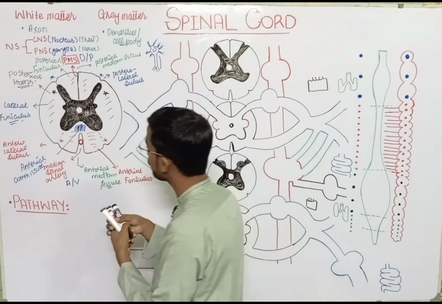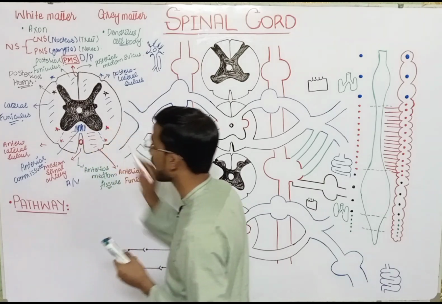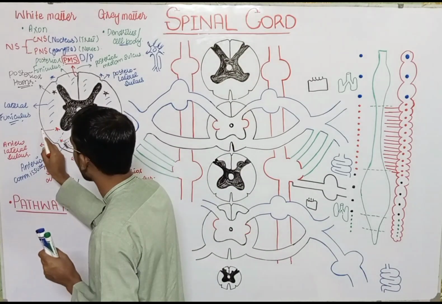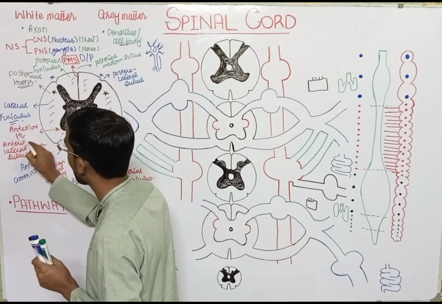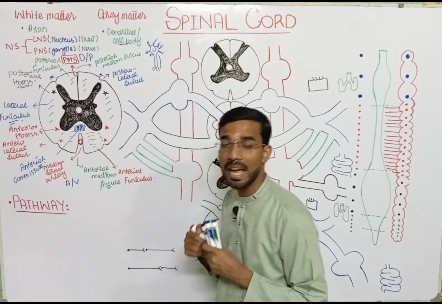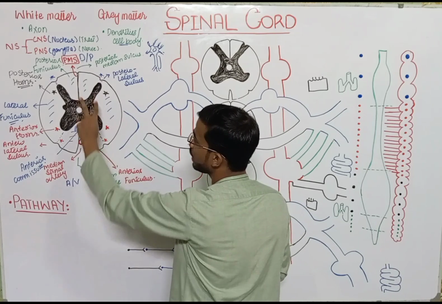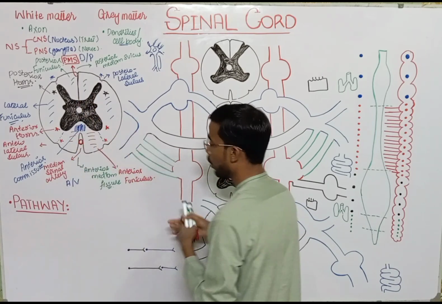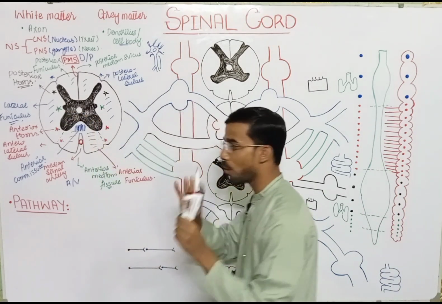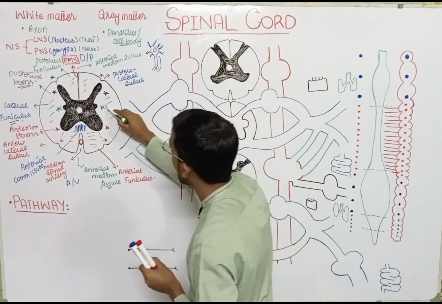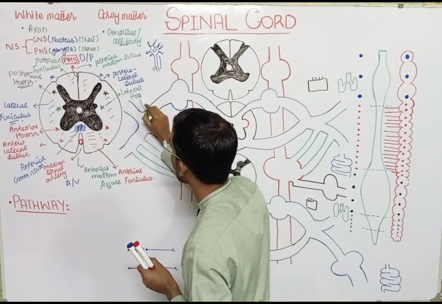At the anterior side, you also see two horn-like structures, called the anterior horns, or anterior columns. So two posterior, two anterior, and last, the two lateral. This point is important: you also see the lateral horns in that situation.